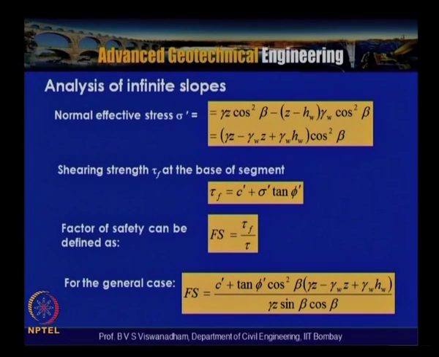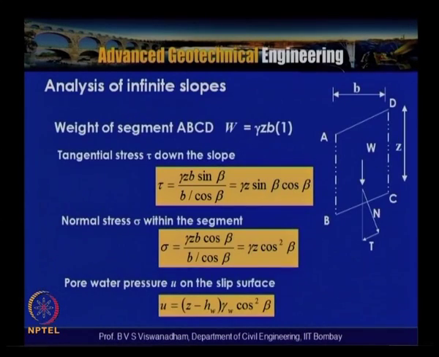So, what we have done is that we have written tau f is equal to C dash plus sigma dash tan phi dash. Here, for sigma dash, we substitute gamma z minus gamma W z plus gamma W HW, times cos square beta, divided by the shear stress obtained in the previous case because of the movement of the block, which is gamma z sin beta cos beta.